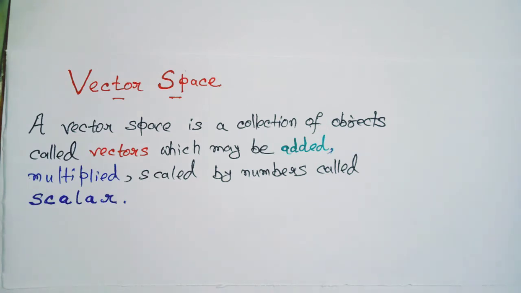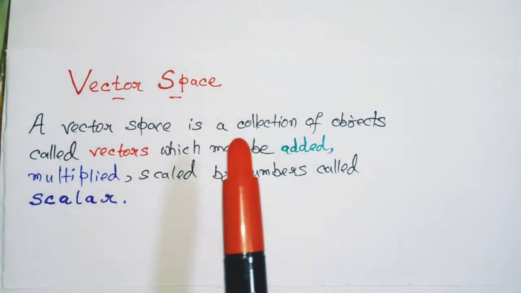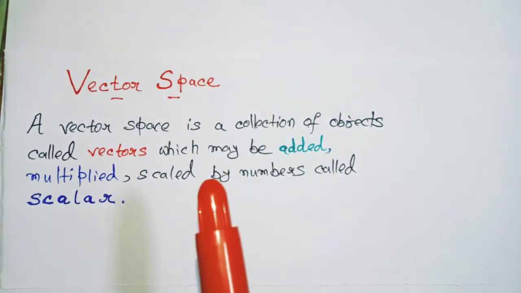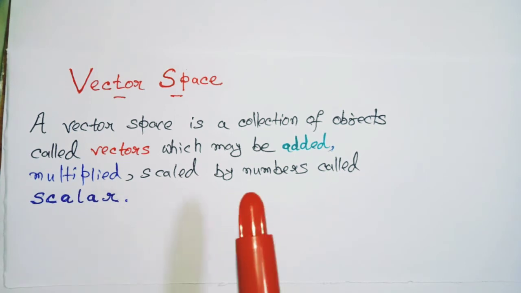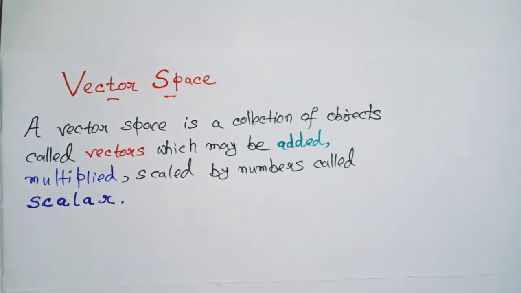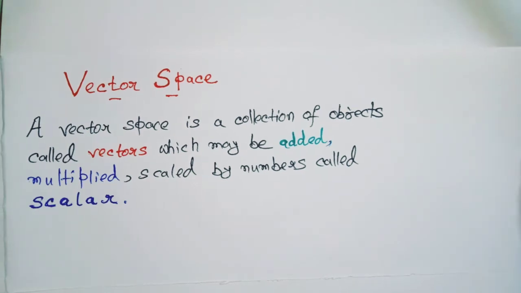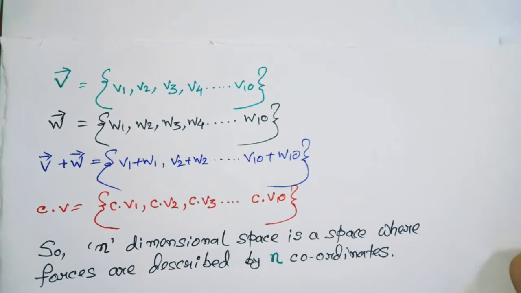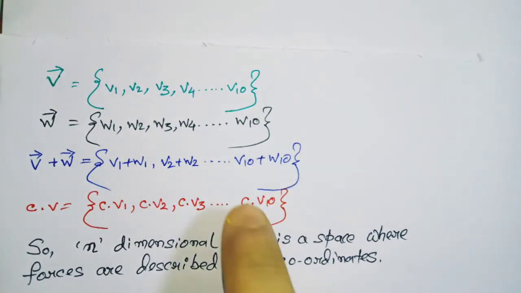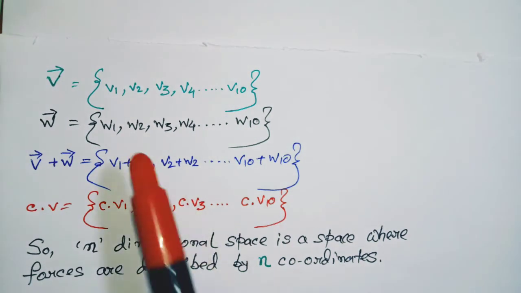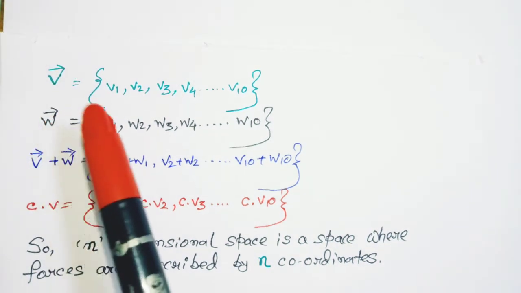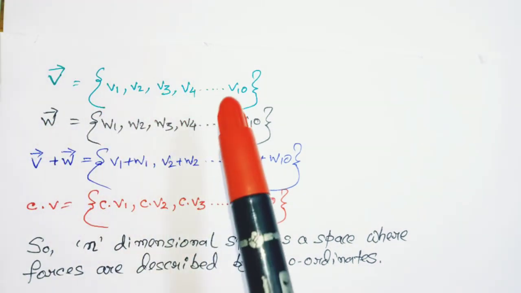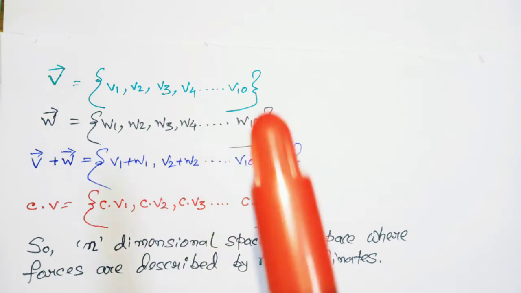Now, when we are talking about vector space, we have shown that a vector space is a collection of objects called vectors, which may be added, multiplied. It contains certain other operations as well. Now, considering this, let us see how we generalize a vector to an n-dimensional space. What I have shown over here is a vector v, which has v1, v2, v3, v4, v5, v6, and so on up till v10.